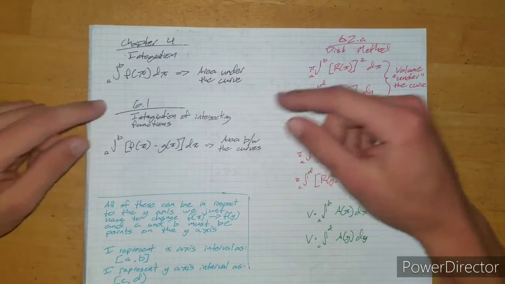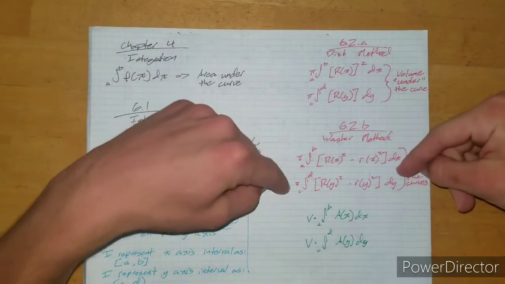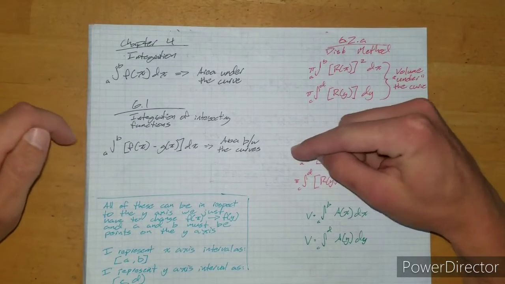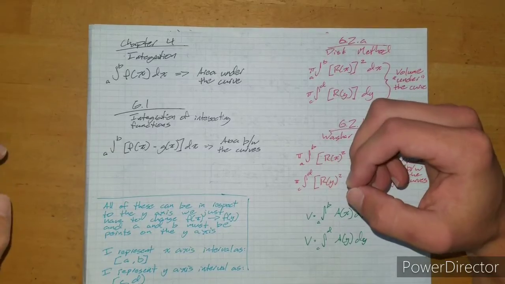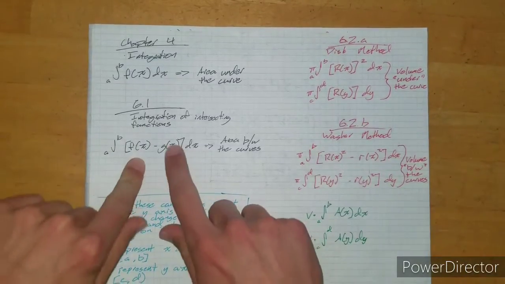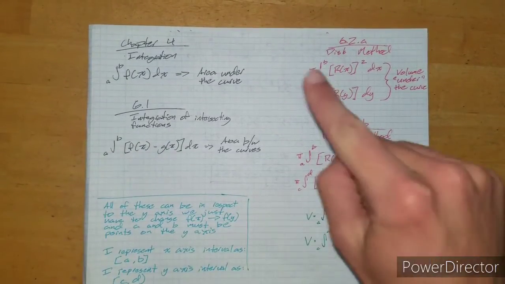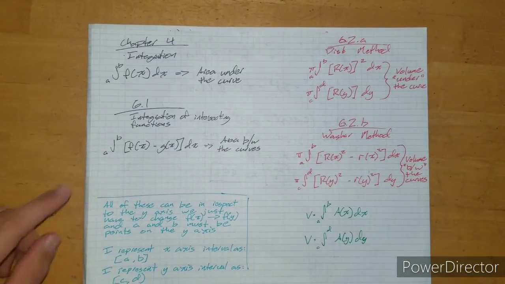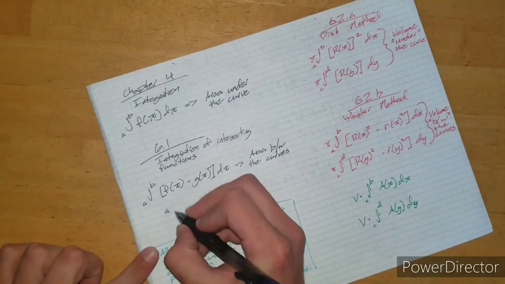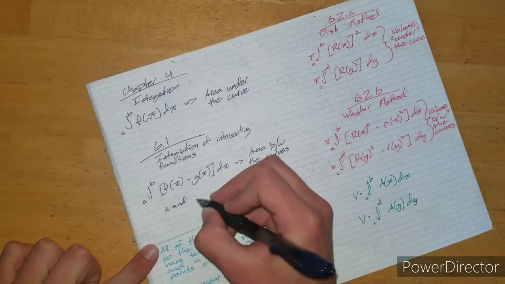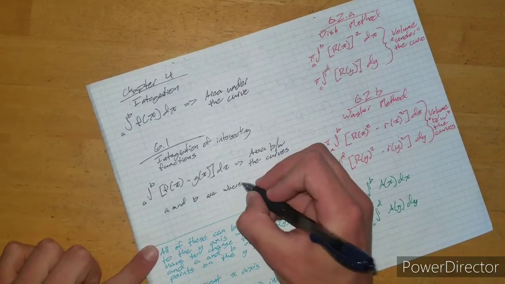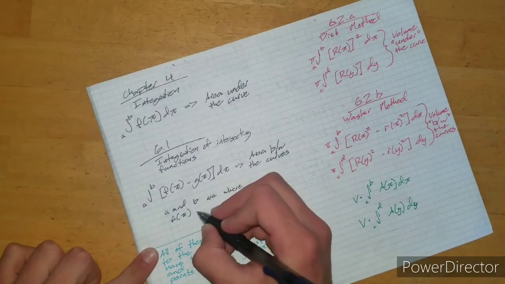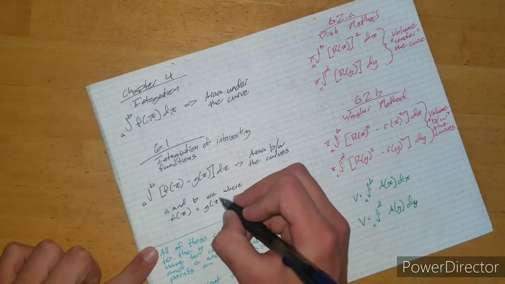And in 6.1, it was preparing us for 6.2, and they wanted to show us how to integrate intersecting functions. So you have two functions this time, and they're crossing, and A and B are where f of x equals g of x.